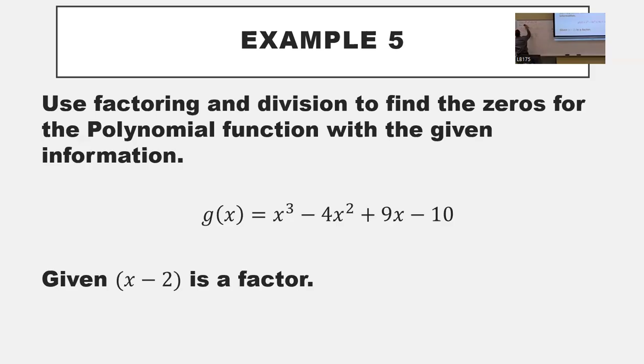Let me do another one. We have g of x equaling x to the 3rd minus 4x squared plus 9x minus 10. And I know that x minus 2 is a factor.